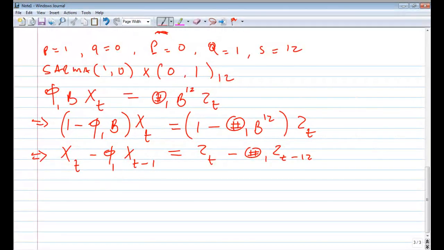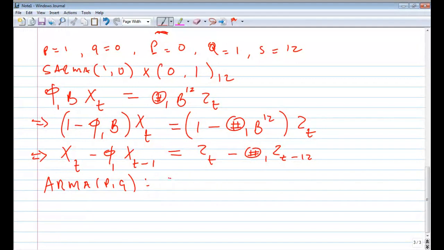Okay, now let's start again from the ARMA process and show you how we do that. Remember ARMA(p, q), it's a stationary process.